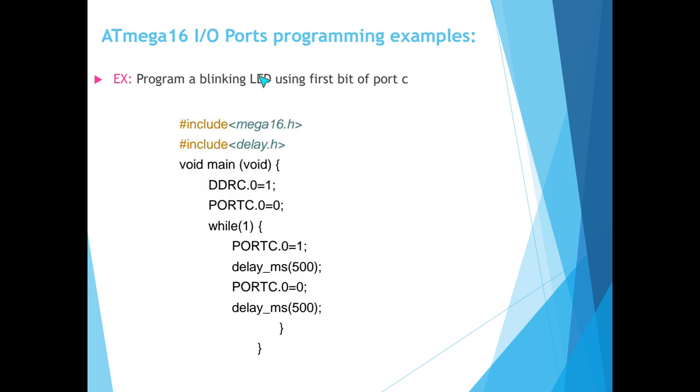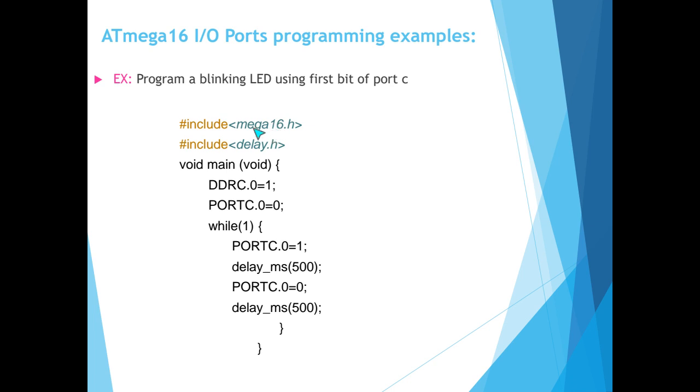But here, because it's mentioned that only the first bit of port C is interfaced with the LED, the first bit, which is indexed by 0, should be written as logic 1 in the DDRC register. So I'm starting from the first statement.